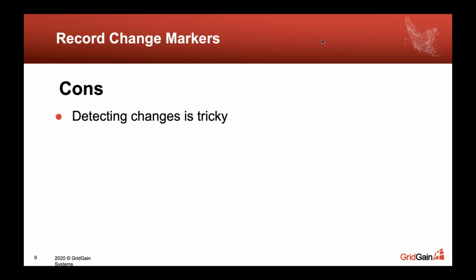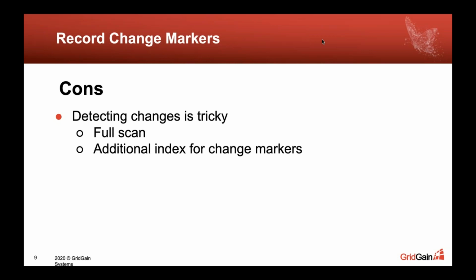First of all, detecting changes may be tricky because you either will go to a full scan of the table if you want to see which records changed since the given moment in time, or if you want to have faster queries, you would need to have an additional index for the update column. An additional index means that you spend more space or more memory to store the index, and it may also affect your performance when you do updates or inserts to this table.